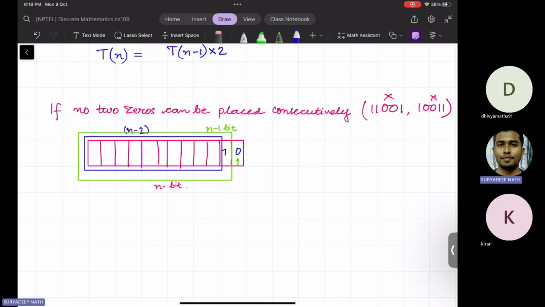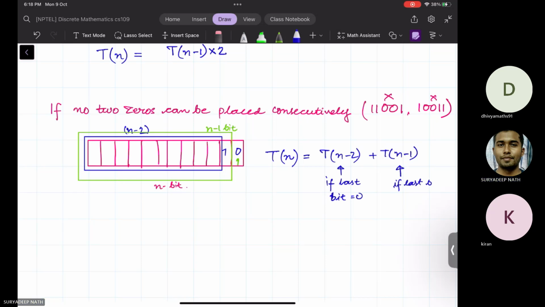So basically t of n would become tn minus 2 plus tn minus 1, which is if the last bit equals 0, and if the last bit equals 1.